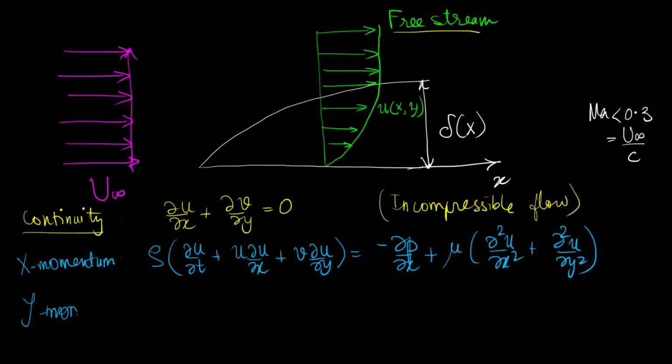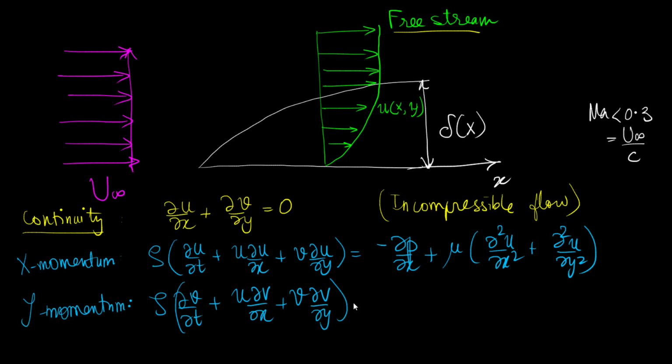Similarly, we have the y momentum equation. Rho (∂v/∂t + u ∂v/∂x + v ∂v/∂y) is equal to minus ∂p/∂y plus mu (∂²v/∂x² + ∂²v/∂y²). So these are the three governing equations.